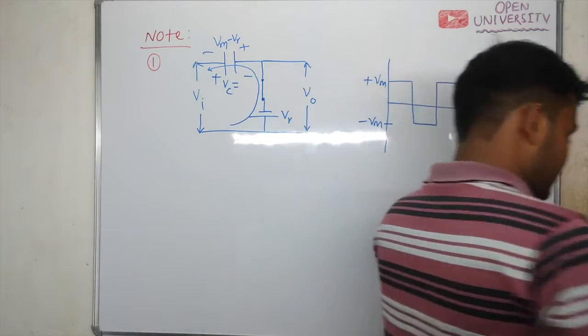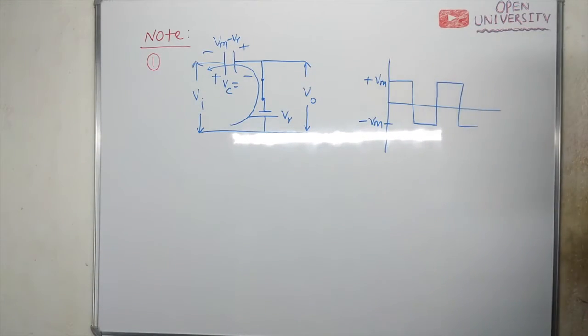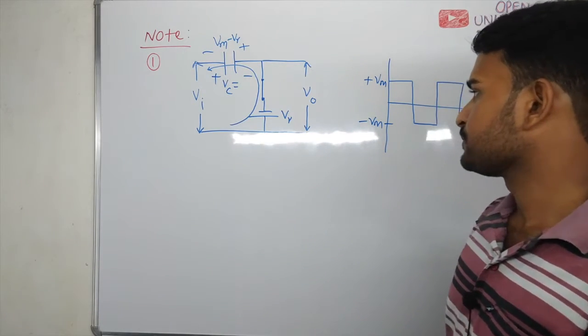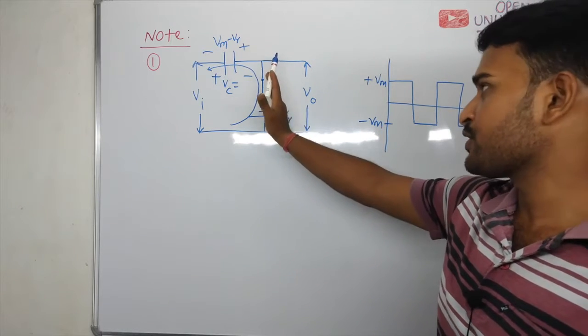So voltage across capacitor will be Vm minus V gamma, because diode has some cut-in voltage, so some voltage will drop across the diode.